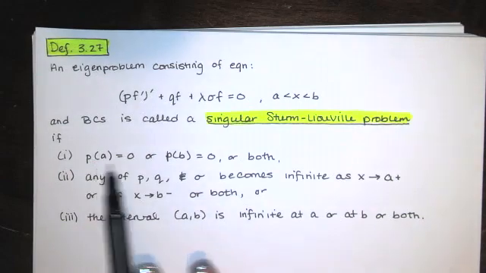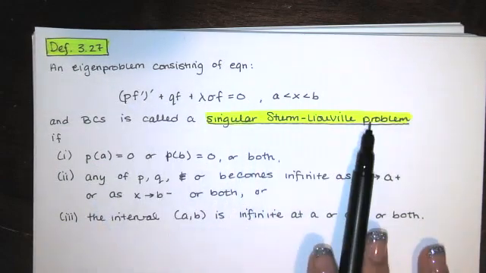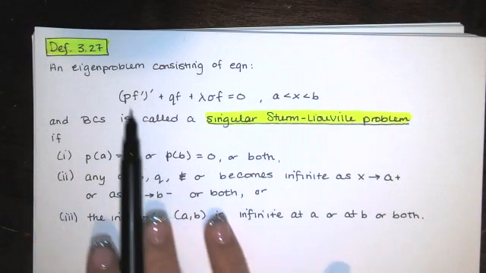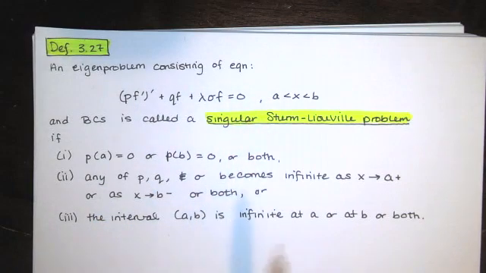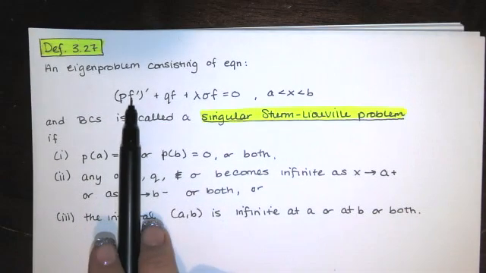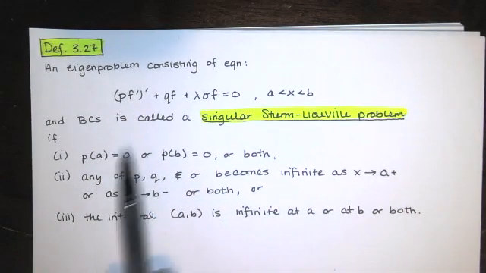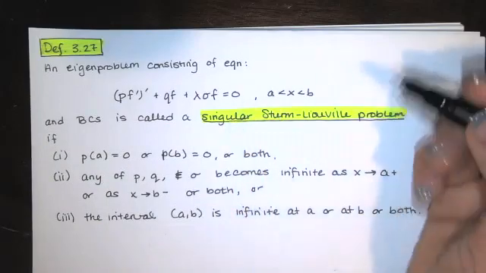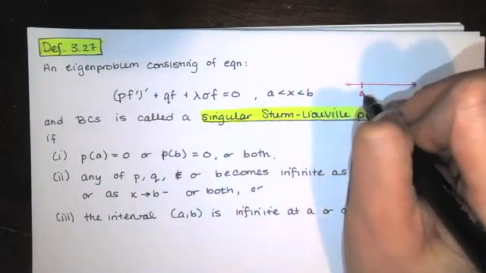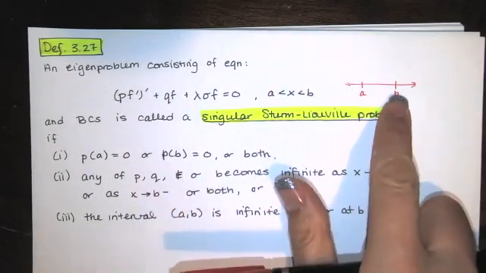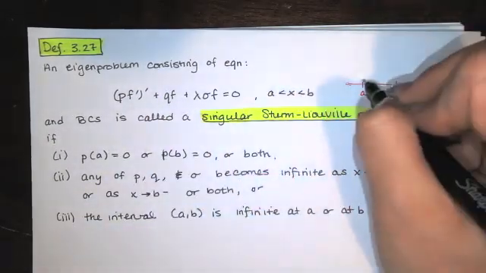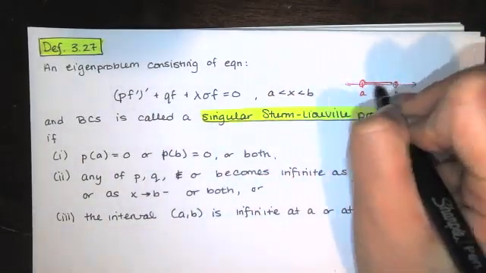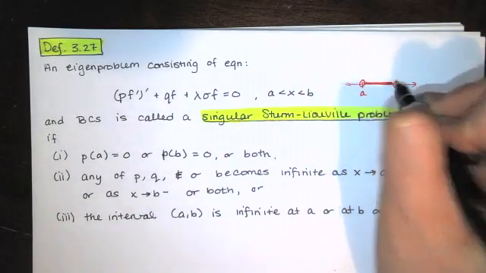This first condition says that we have a singular Sturm-Liouville problem rather than a regular Sturm-Liouville problem if this function P, which was supposed to be positive all the time in the regular problem, is positive on the interval from A to B, including A and B. If that function that's multiplying f prime is 0 at x equals A, that's the left endpoint of our interval, or it's 0 at the right endpoint, or it's 0 at both endpoints, in that case, we have what's called a singular Sturm-Liouville problem.